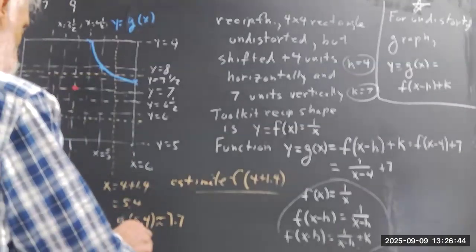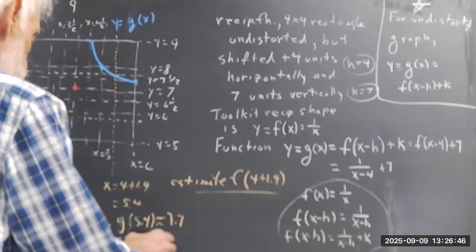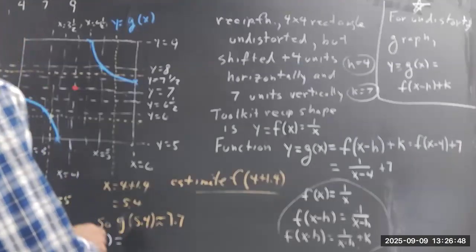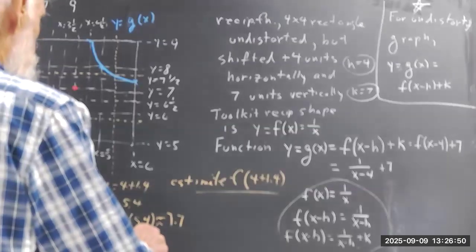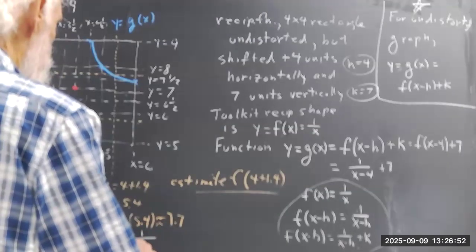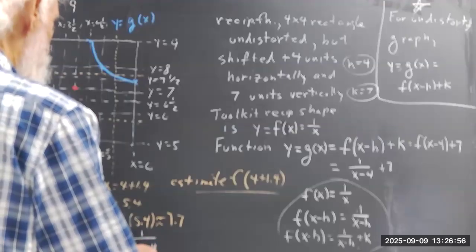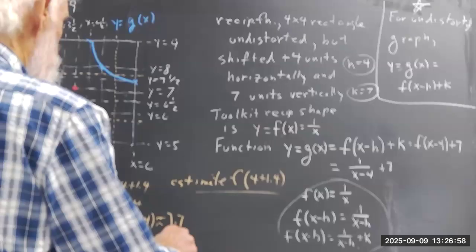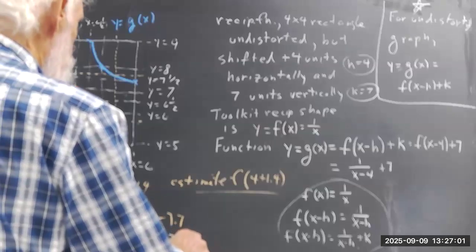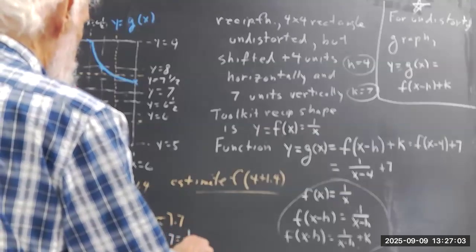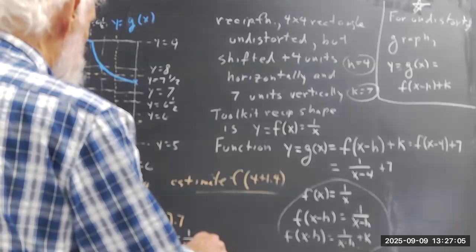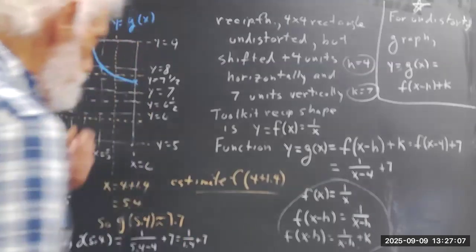Okay, G of 5.4 is 1 over 5.4 minus 4 plus 7, which is 1 over 1.4 plus 7.